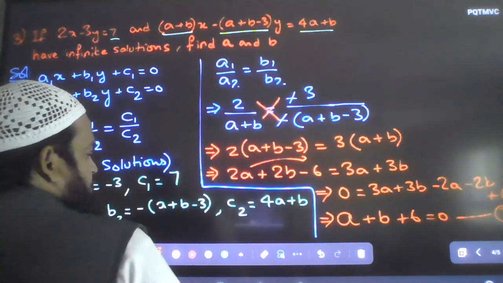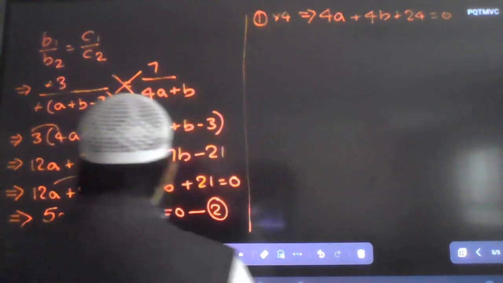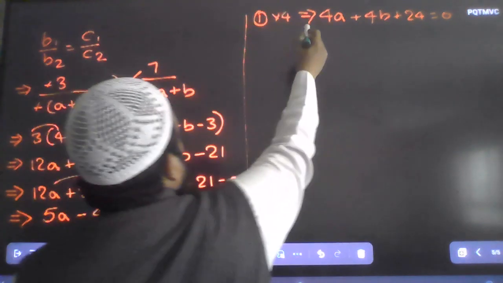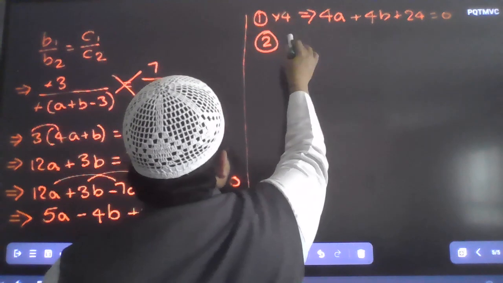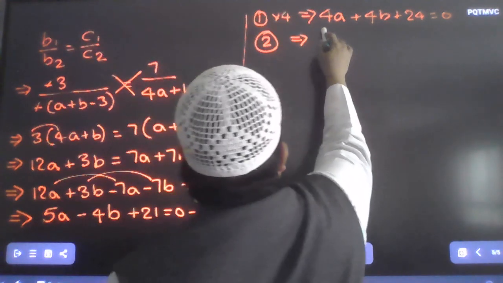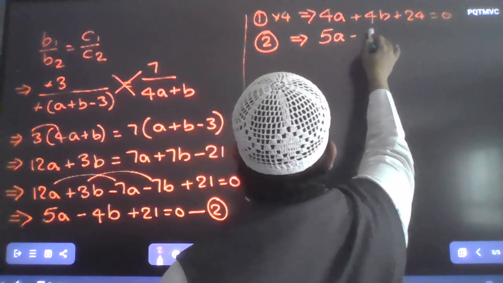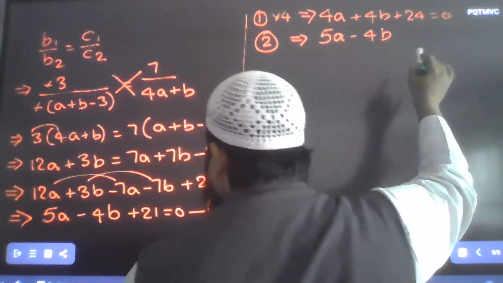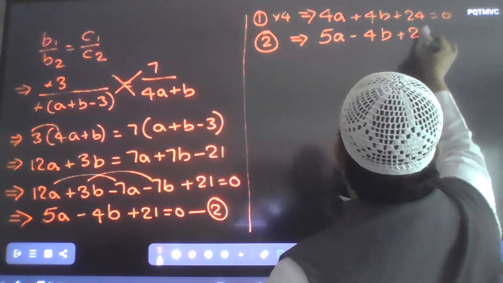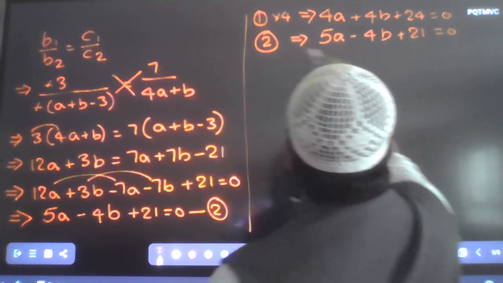And after that, what is the second equation? The second equation is 5A minus 4B plus 21 equals 0.